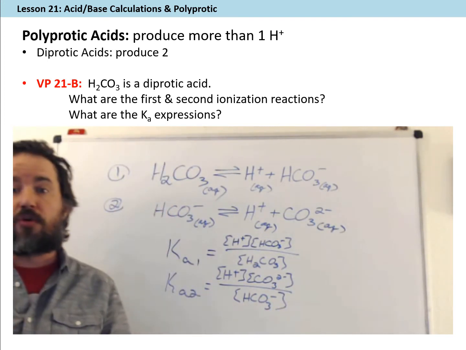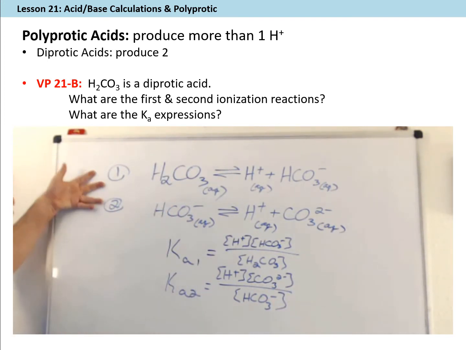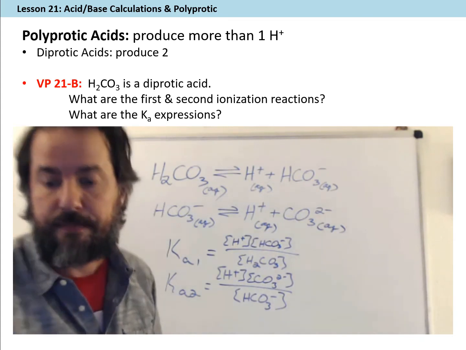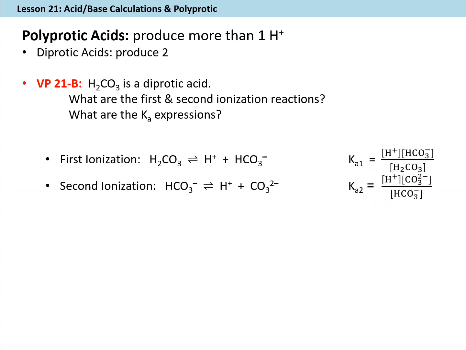All right, so we have these two ionization reactions. Here they are on the screen. I didn't include the states of these, but they're all aqueous. Okay. This is for a diprotic acid.